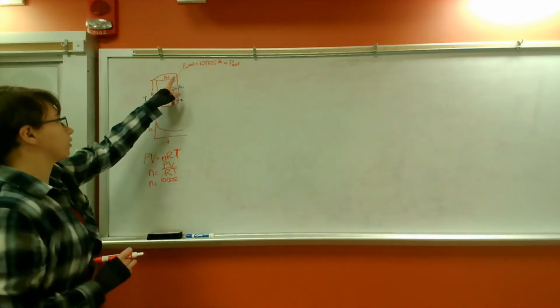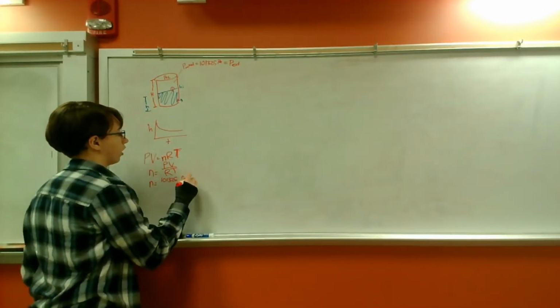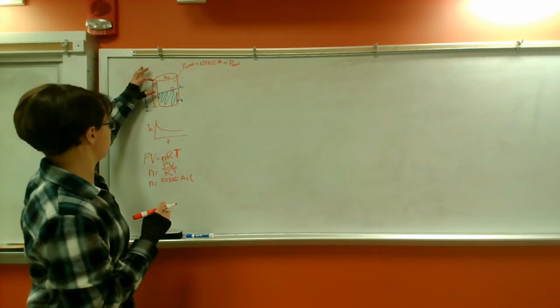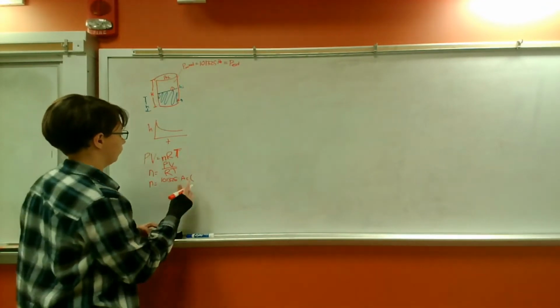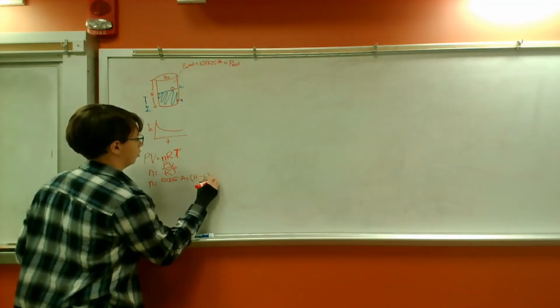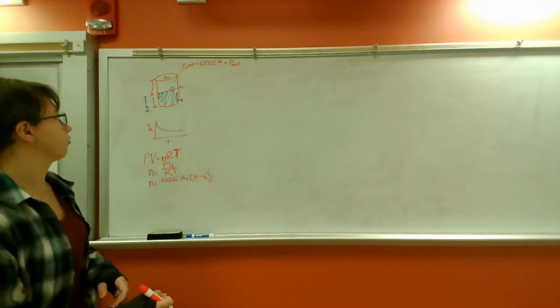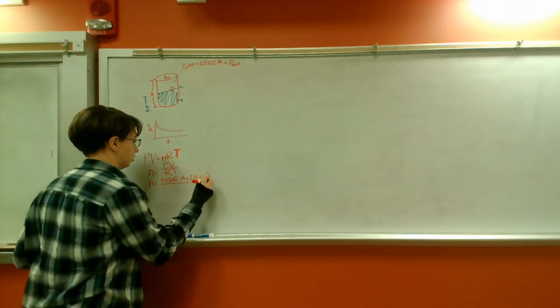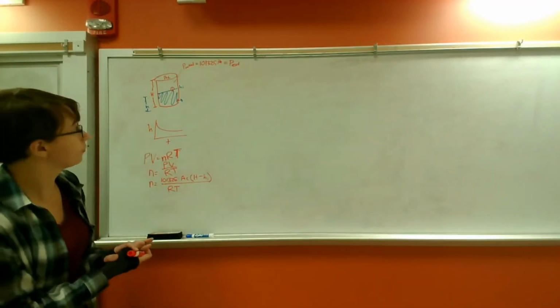The volume is going to be this cross-sectional area times this height, which is big H minus the initial height, because this is the initial pressure, so we're going to use the initial height for this. And then that is divided by RT. So that's the number of moles that we have.